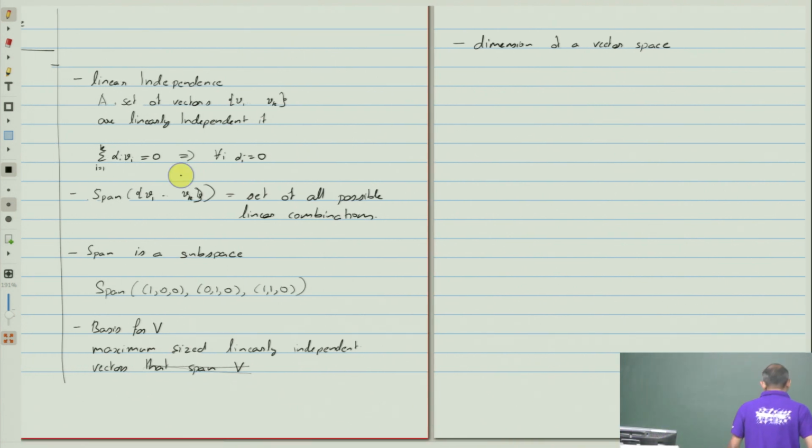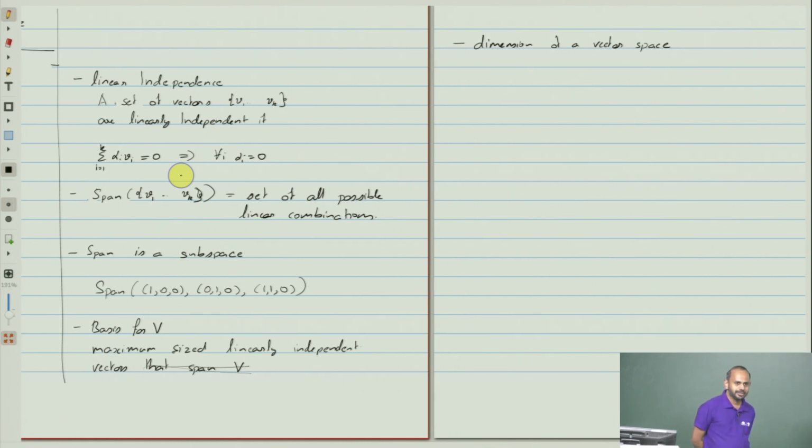So, what is the dimension of a vector space? Number of linearly independent vectors. Size of the space. Size of the basis set. Yes.